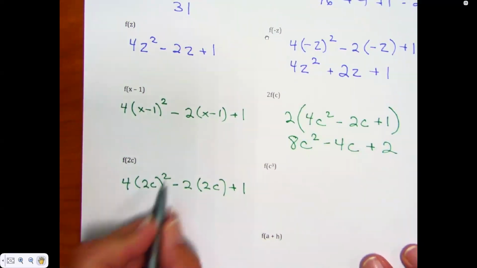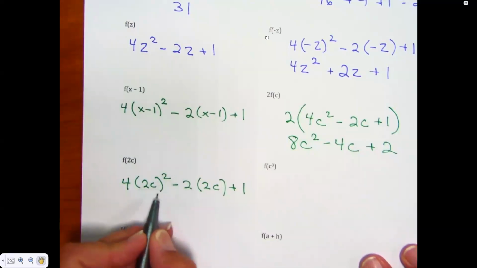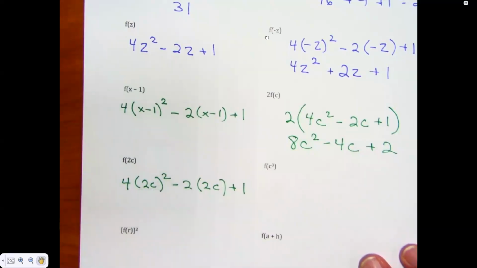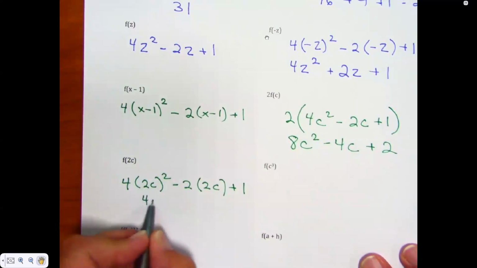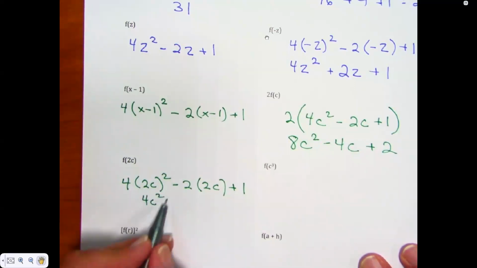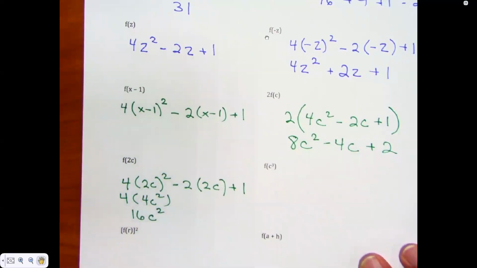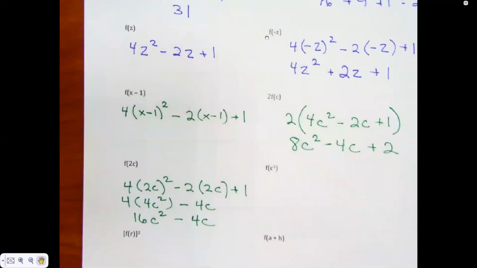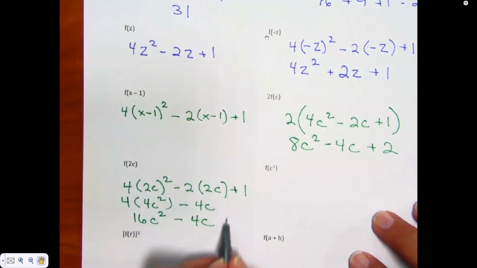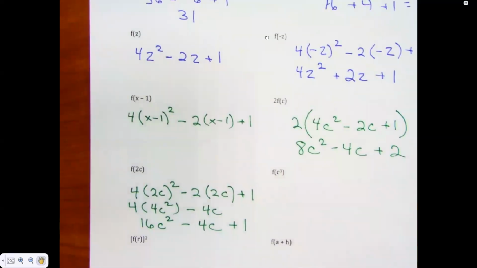We can square the 2 and we can square the c. There's no plus or minus, so we can bring that in. So this is going to be 4c squared, and we take it times another 4, so 16c squared. This is minus 4c, and then plus 1. Okay, so now we can do a little bit of cleanup there.